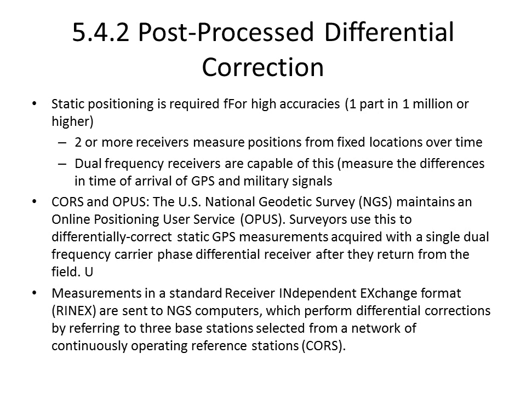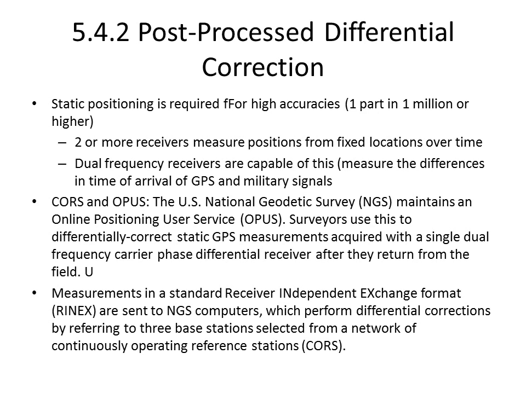Static positioning is required for high accuracies of 1 part in 1 million or higher. Two or more receivers measure positions from fixed locations over time, and dual frequency receivers are capable of this. They measure the difference in time of arrival of GPS and military signals. The U.S. National Geodetic Survey maintains an online positioning user service called OPUS.